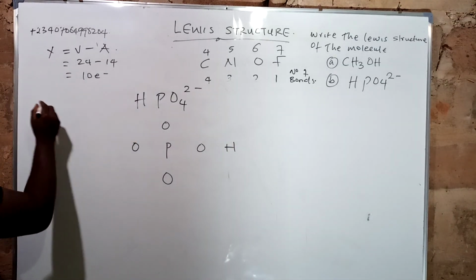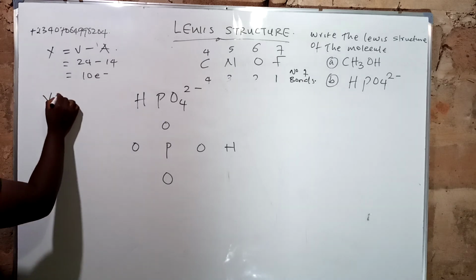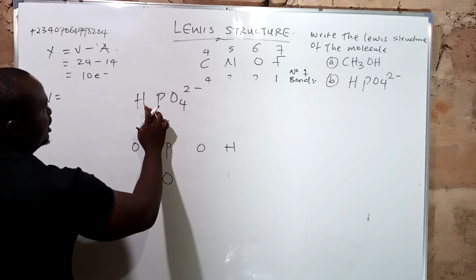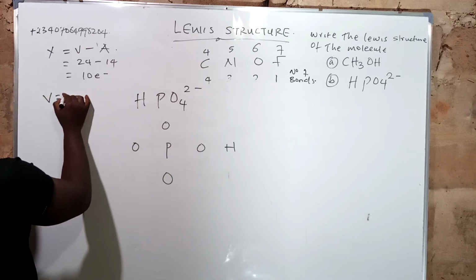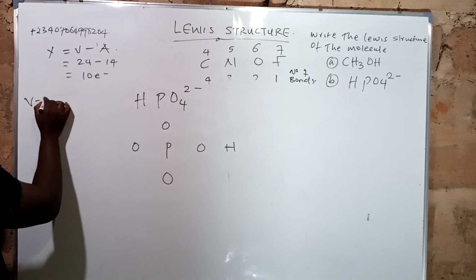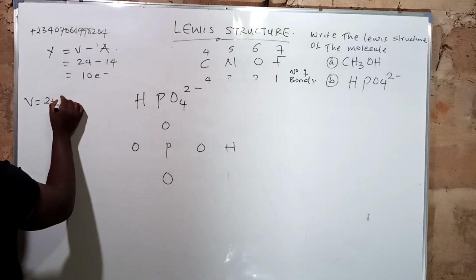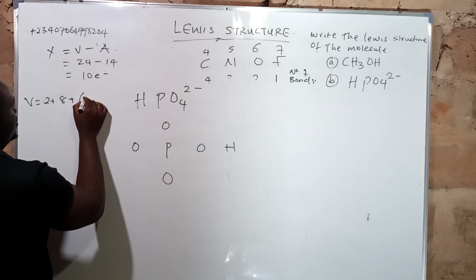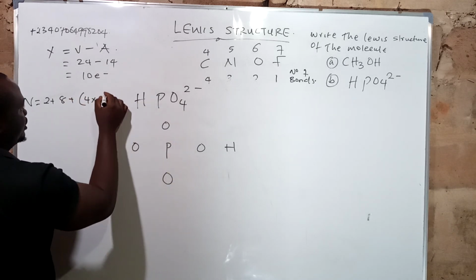Now the first thing you have to do is for you to get your V. And V is, I said, apart from hydrogen, which is 2, every other one is 8, right? So V is 2 plus, this is 8, right? Then we have plus 4 times 8, that of the oxygen, right?